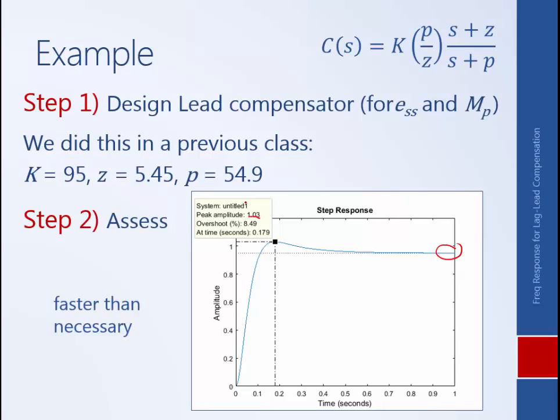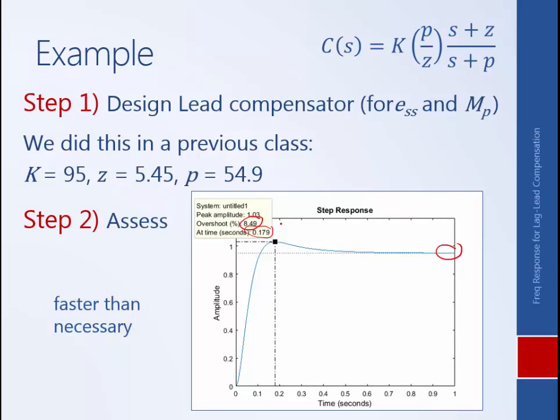The overshoot is a little bit larger than 5%, so we would maybe want to go back and increase our phase margin. But the big difference is the speed. So it meets the requirement. We desired a peak time to be less than 1.5 seconds, which this easily does. But it's quite a bit faster than necessary.